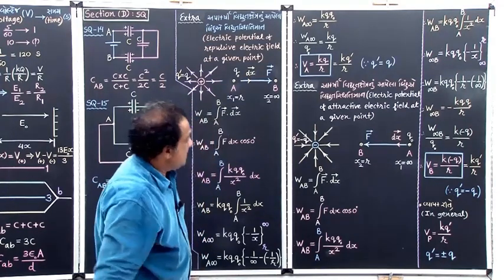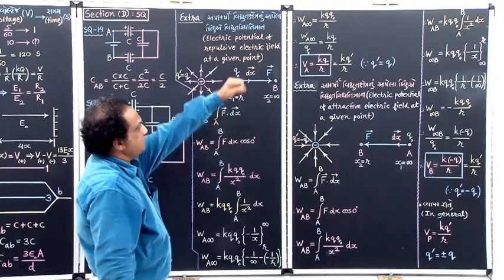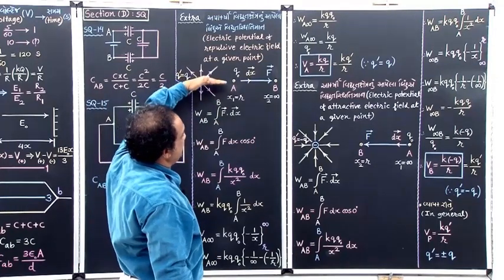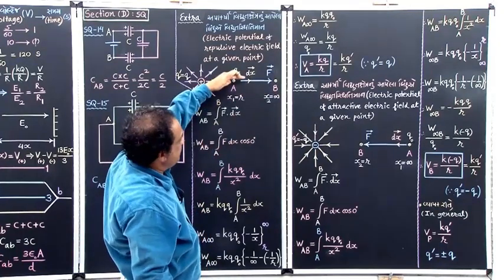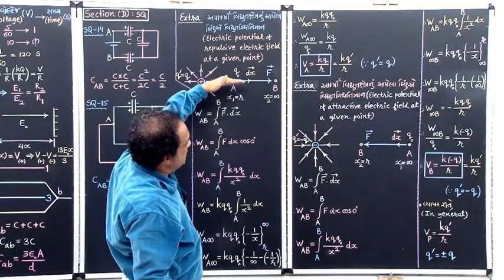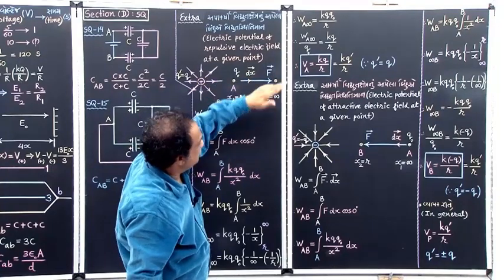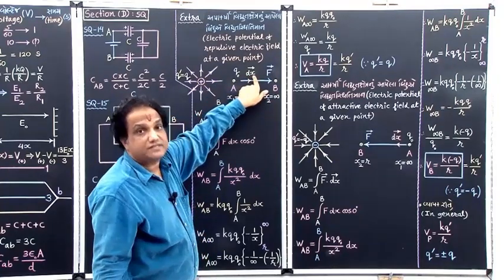Now in this case, the electric force is exerted this way. I am showing it by the symbol vector F. Displacement along the x-axis is also in the same direction, shown by vector dx.